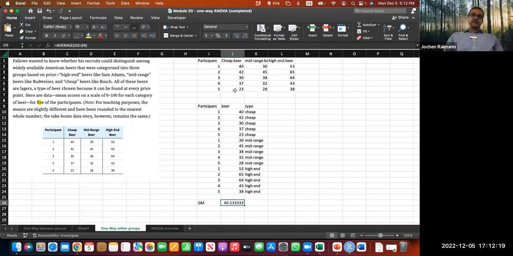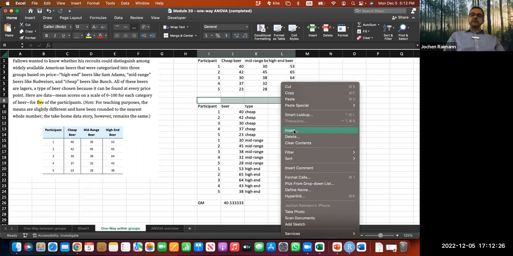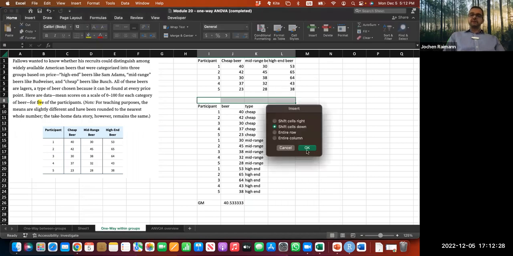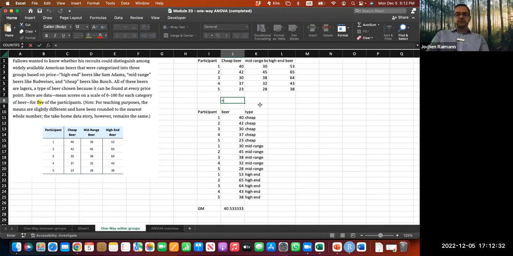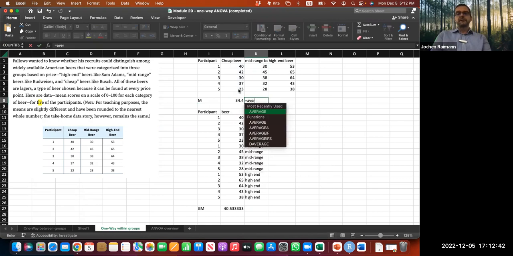Now we need more means, right? We need a group mean, which is just the average of each group. So that's our M, which is the average of each of these groups.